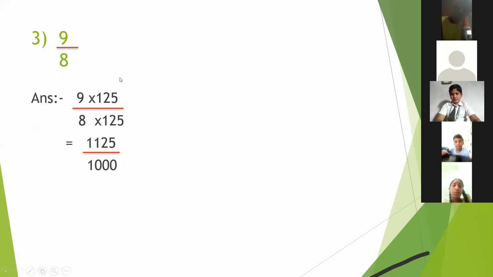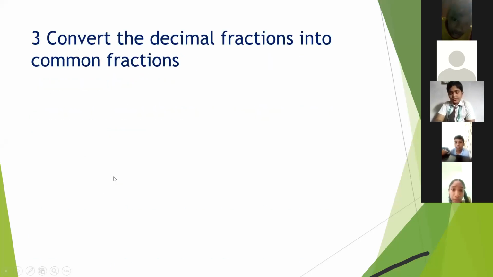So I have multiplied here 8 by 125, I have got 1000. By the same number, I have multiplied this 9. 9 into 125, you are getting 1125. After 1, 3 zeros are given. So you will move 3 places, 1 place, 2 place, and 3 place. 1.125, you are getting the answer.